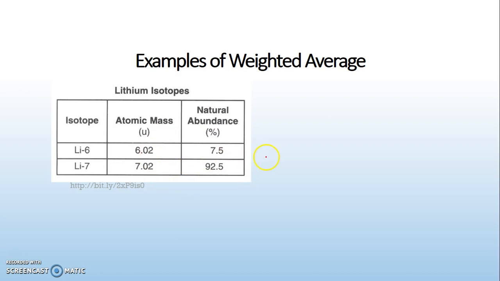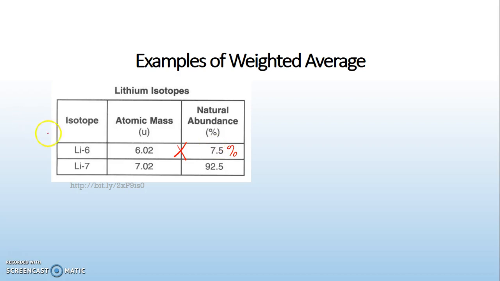What we're going to do is take the mass and multiply it by the percent abundance. Now, this is multiplying by a percent. So you either need to use the percent button on your calculator, or you need to divide it by 100 first so that you get the right numbers.